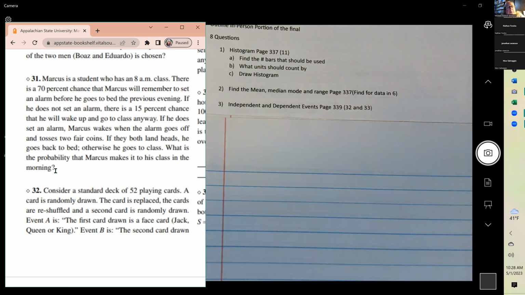Consider a standard deck of 52 playing cards. A card is randomly drawn, the card is replaced, shuffled, and the second card is drawn.